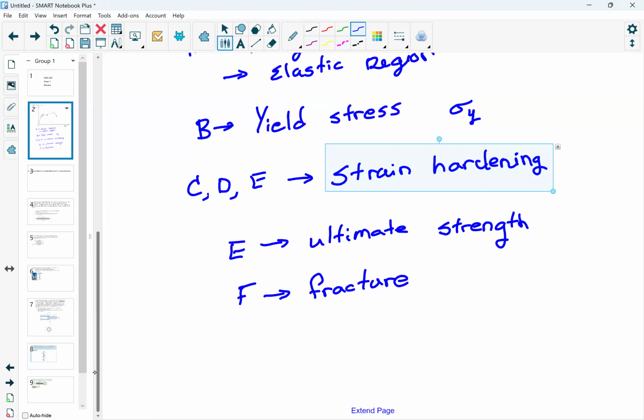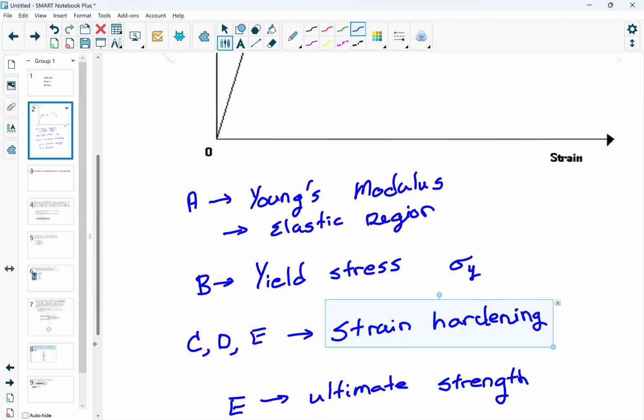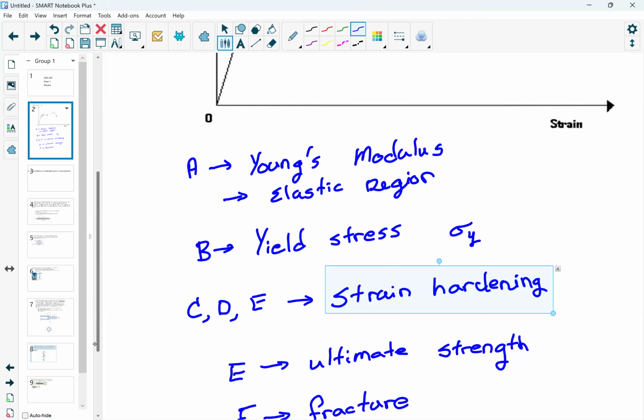So F is where it is going to break. Amelia, does that answer your question on that one? Yeah, thank you. No problem. Okay.